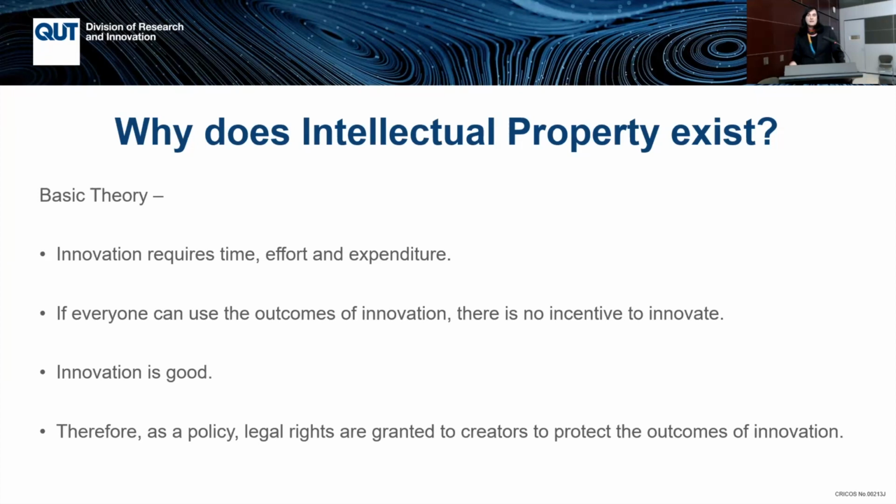And knowing this, a person who could come up with ideas, who could make that expenditure, would have no incentive to make that innovation. As a policy, government, the Crown, thinks that innovation is a good thing. It wants to promote innovation. It wants to promote dynamic efficiency within the economy. So therefore, at a policy level, legal rights are granted to creators so that they can be assured that they'll be able to make some use of their intellectual property in the future.